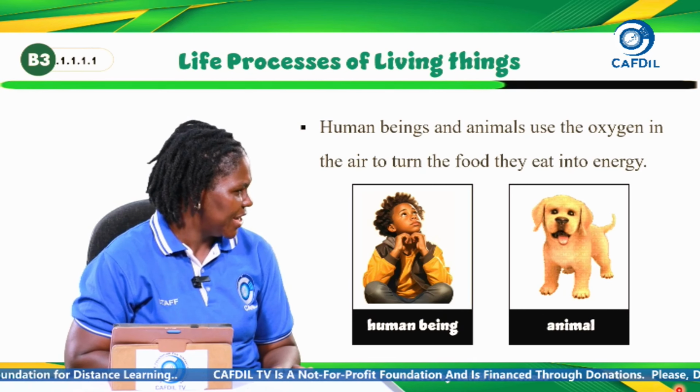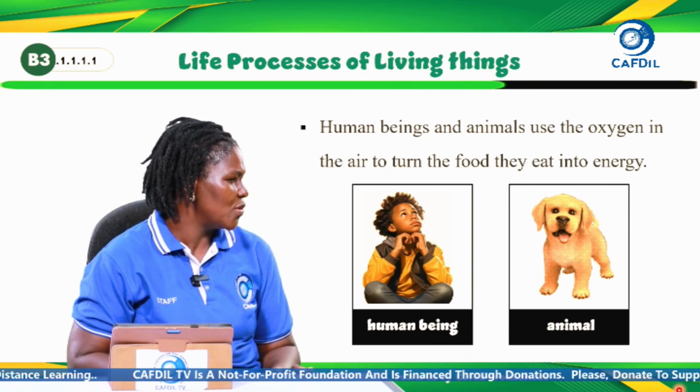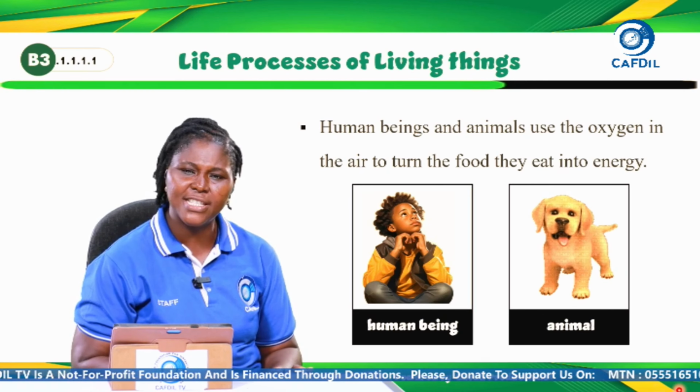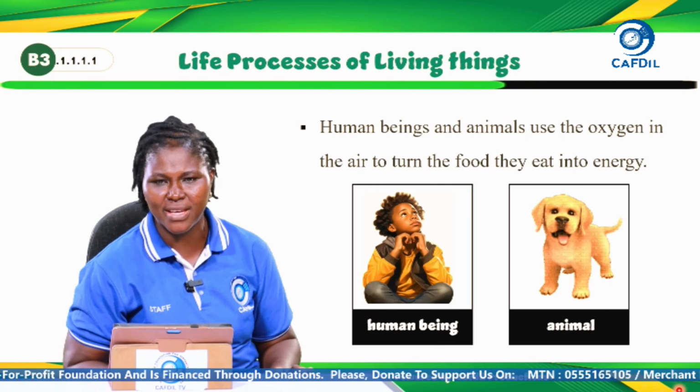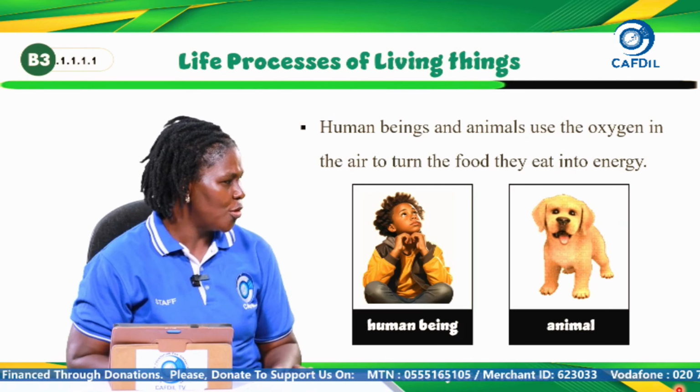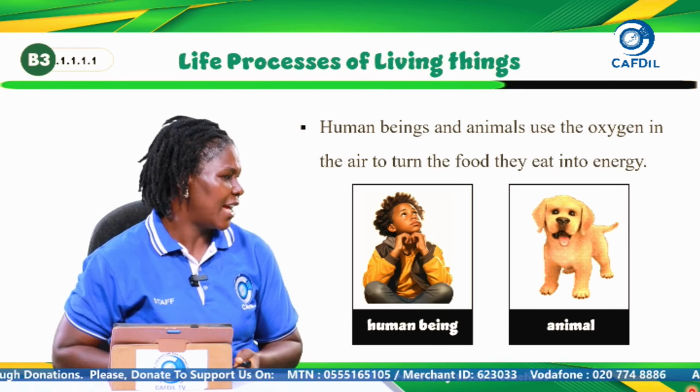The food that they eat and the oxygen that they take in will be turned into energy. And the energy, they use it to do so many things: to play, to run, to learn and others.